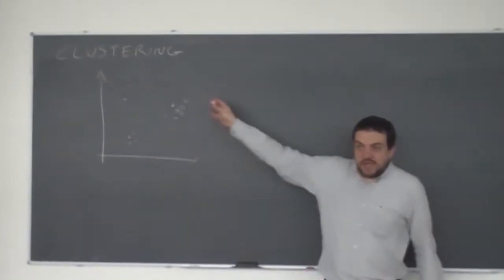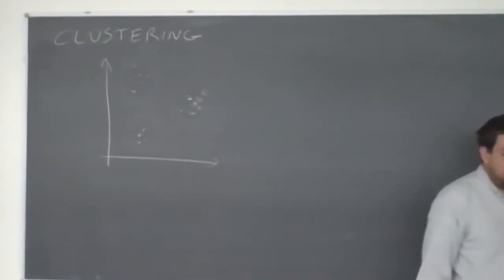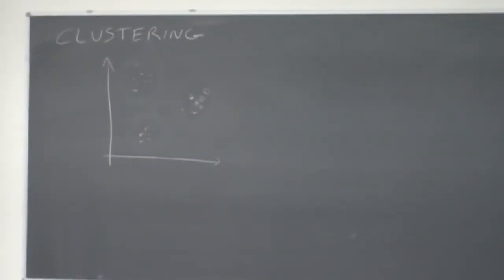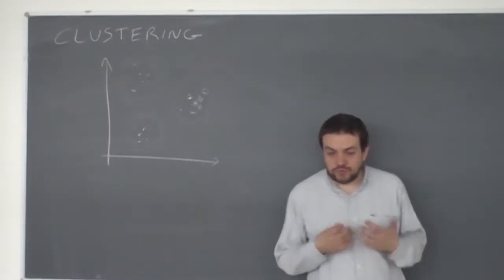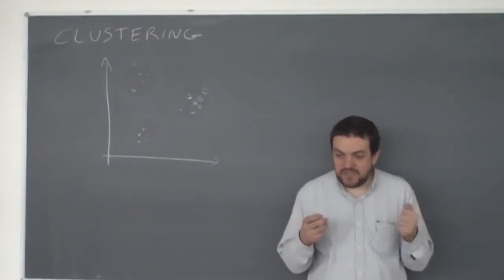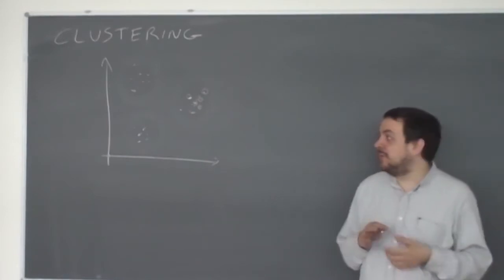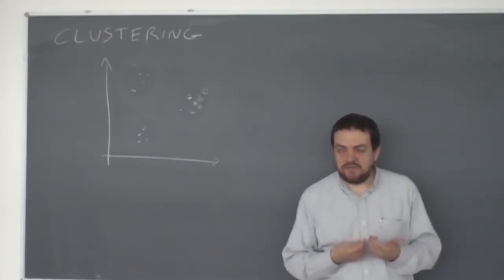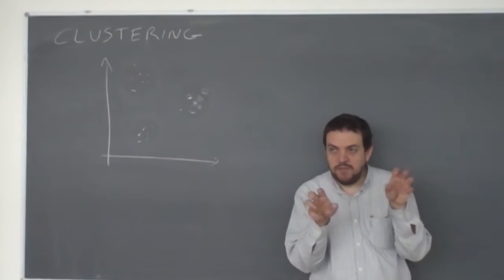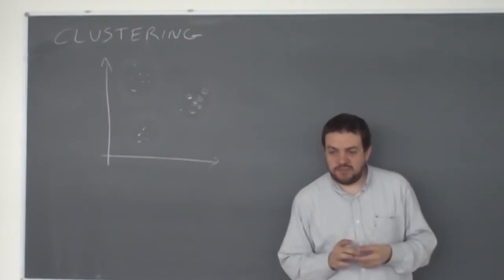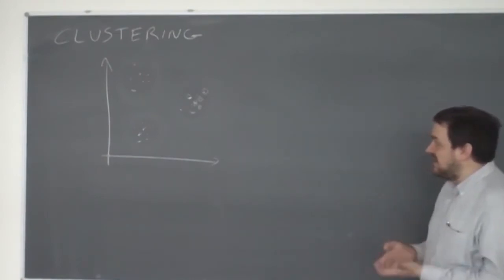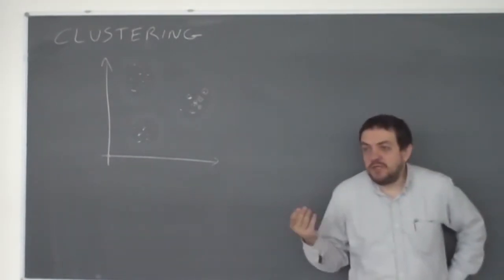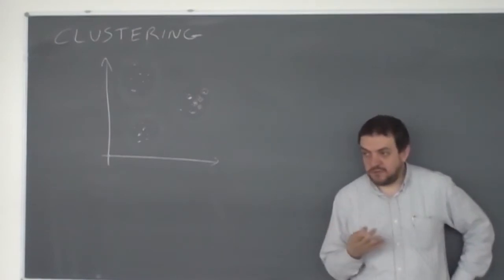In this way, I ensure that every cluster is only made of items that are very similar to each other. What I need to add in order to make the definition more, well, let's say precise, is that different clusters should collect different items. So items in different clusters should be different from each other.